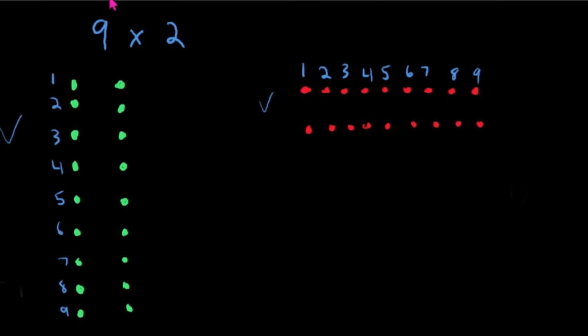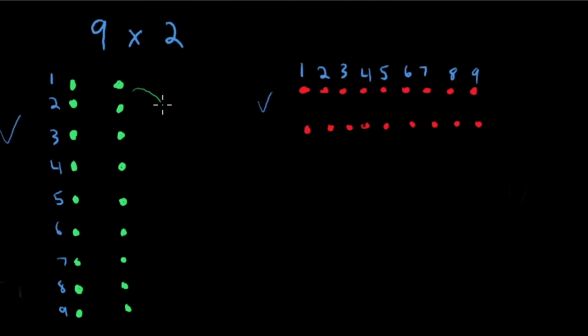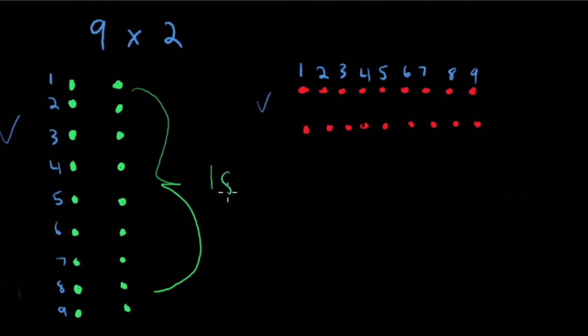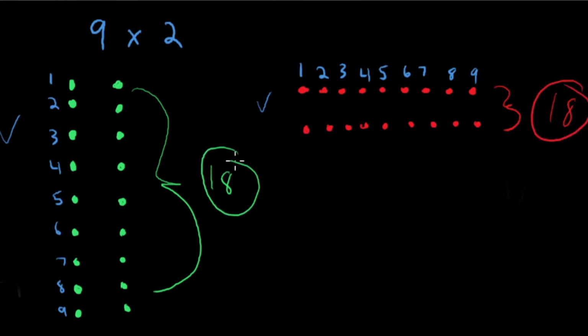Either one is going to work because if you count the total number that you have in this array and the total number you have in this array, you should have 18 for both. Your answer for both of these for 9 times 2 is going to be 18, because either way will give you 9 groups with 2 inside of it, or you can count it a different way.